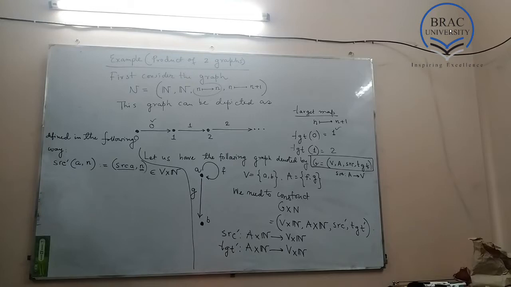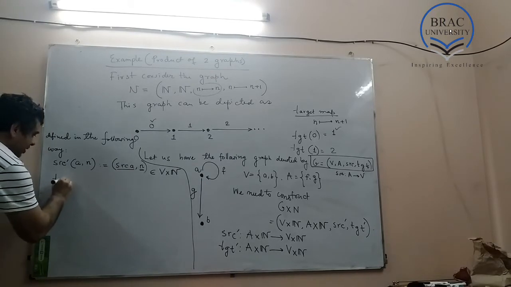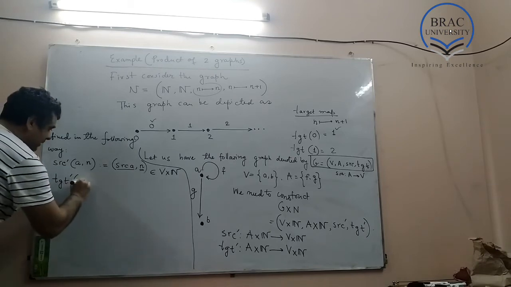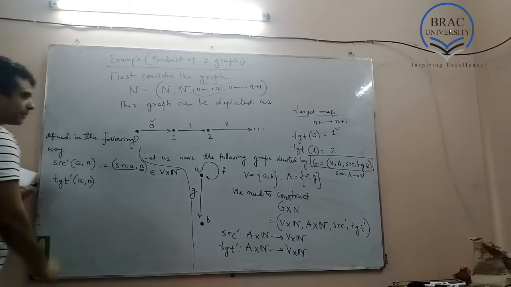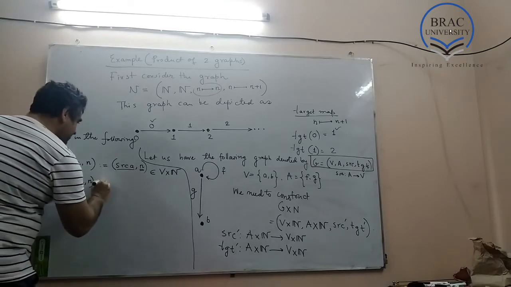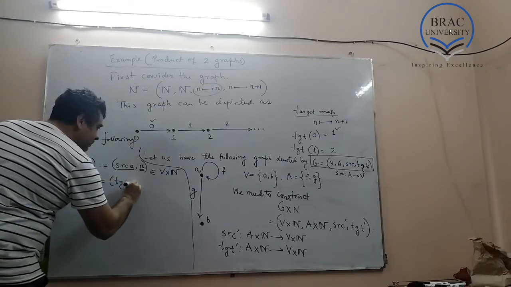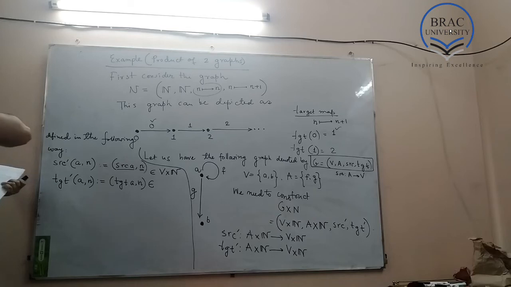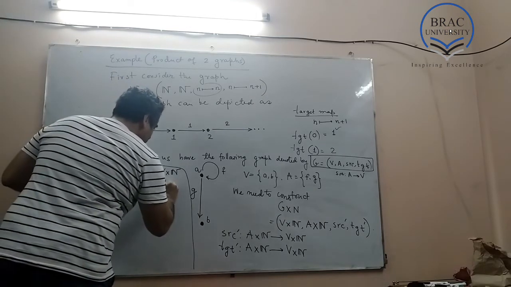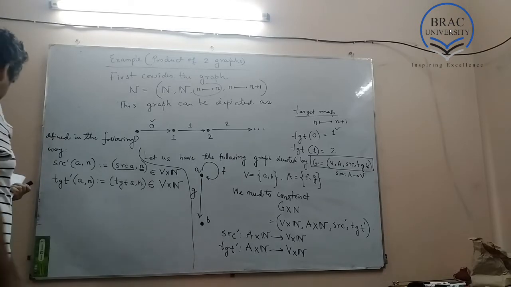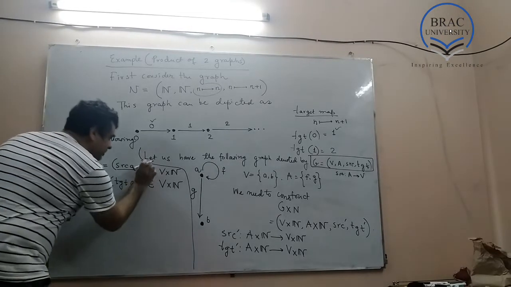All right. So now, analogously, we define the target map, which is denoted by TGT prime, acting on (a, n), which is an arrow of the product graph. Okay? And this is defined as TGT(a), n plus 1, which is again an element of V cross N. Well, I think I missed it out.